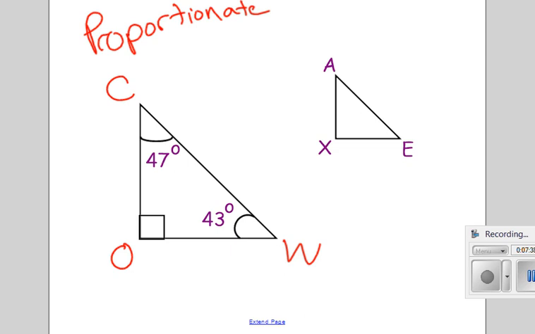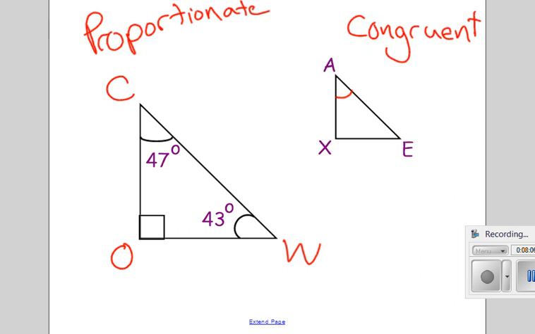The first thing we can see is that the angles are actually not going to change, right? Because they're the exact same shape, we would say that angle C, we wouldn't say it's proportional to angle A. We would actually continue with this idea of congruent. They are still congruent, even though they're different sizes.